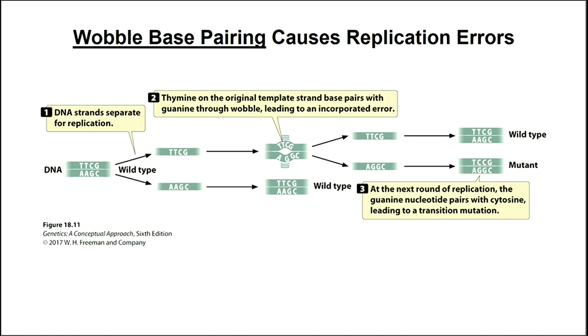And so now when we separate those 2 strands, if the cell doesn't realize that that's an incorrect pairing, well, the TTCG might be replicated properly. But the other strand, now when the DNA polymerase replicates it, it's going to put TCCG, which is not what it's supposed to have. It's supposed to be TTCG, not TCCG. So we've changed a TA base pair to a CG base pair.